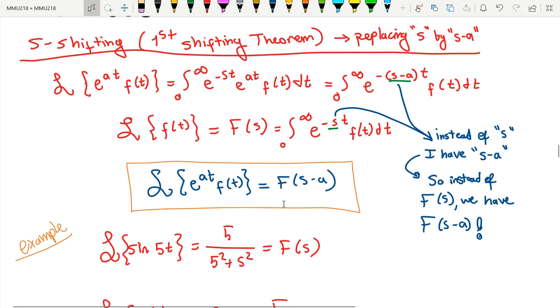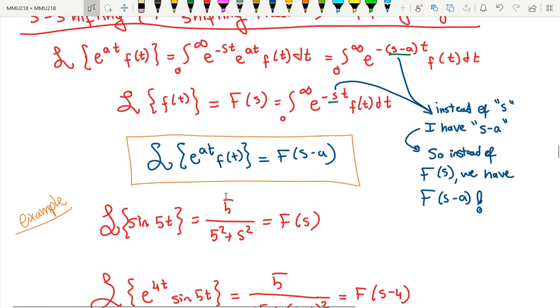So a shift by a in s on the right hand side corresponds to e to the power at times f of t on the left hand side. So kind of like an exponential function that is going to be added to the tail of my function.